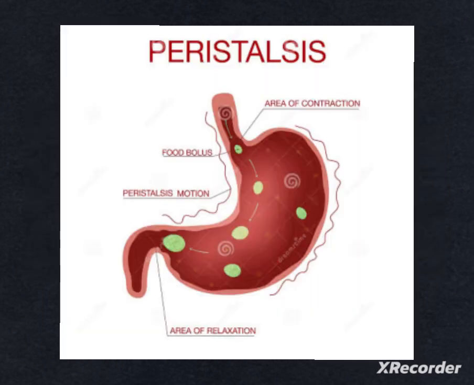The digestion in the stomach is taken care of by the gastric glands present in the wall of the stomach. These glands release hydrochloric acid, a protein digesting enzyme called pepsin, and mucus. Hydrochloric acid kills bacteria ingested with food.